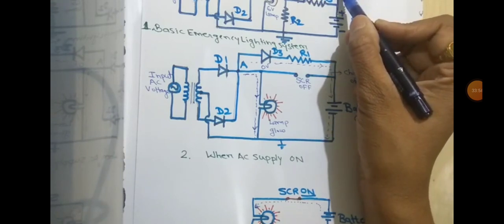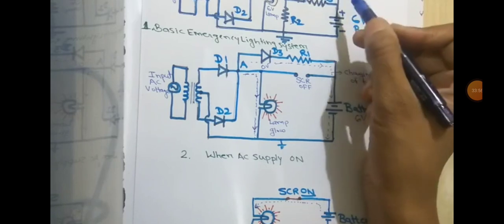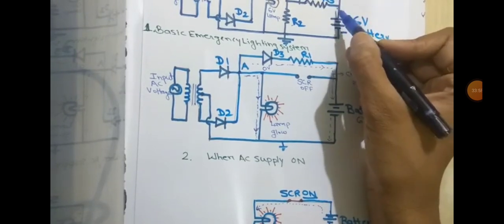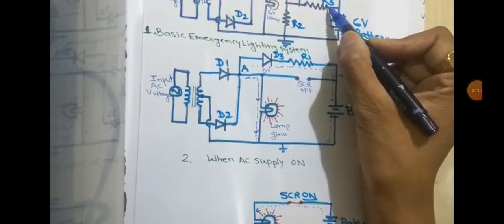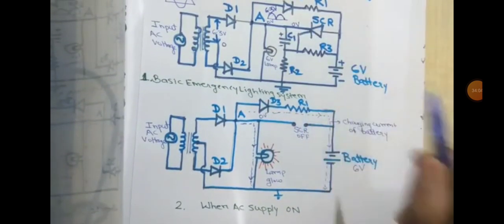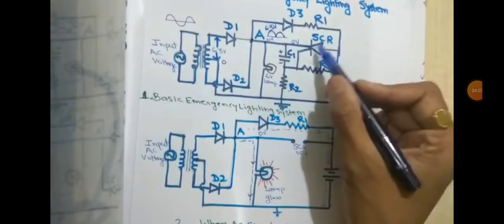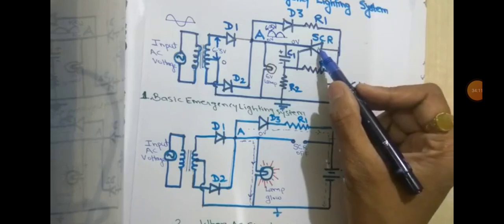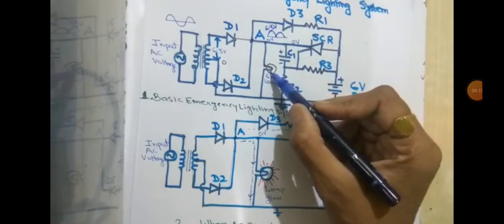Because of this, the SCR is in the forward conducting mode, and when the proper gate voltage is applied through R3 to the gate of the SCR, it is triggered, or turned on. Whenever the SCR is turned on, it is directly connected to the lamp circuit, which is shown in figure 3.